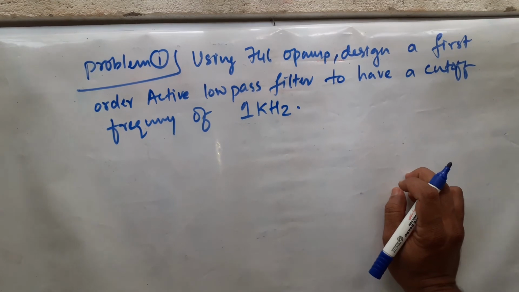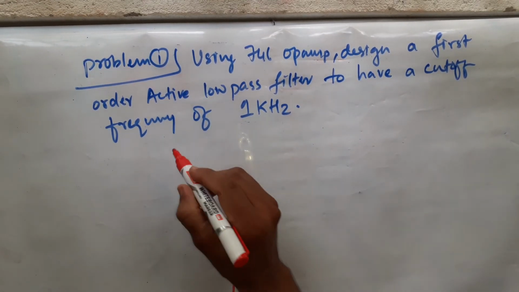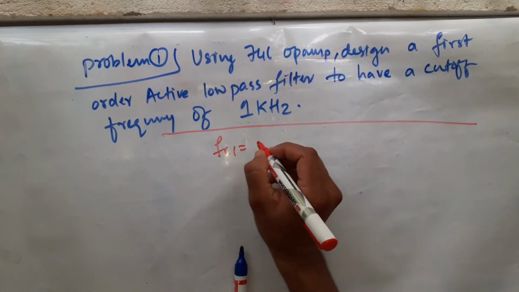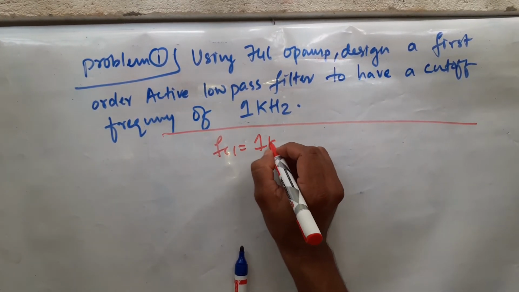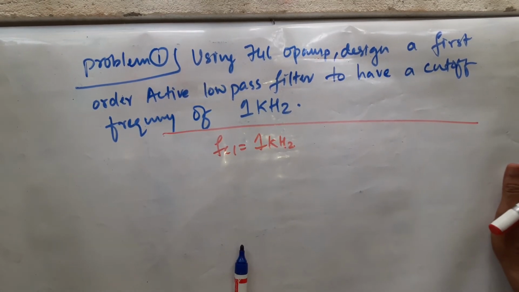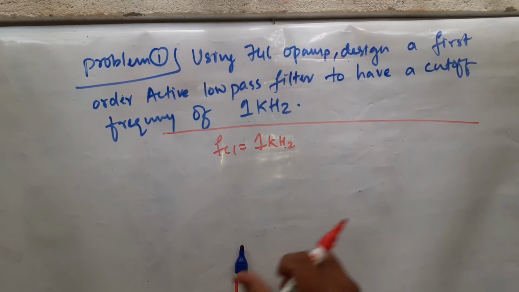Here FC1 is given to you as 1 kilohertz. Nothing else is given. You have to draw the circuit, find out the values of the elements R1, R2 and C1.